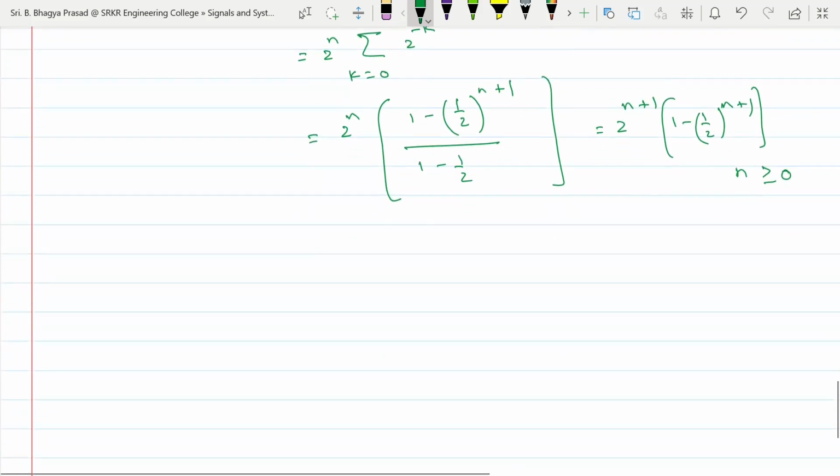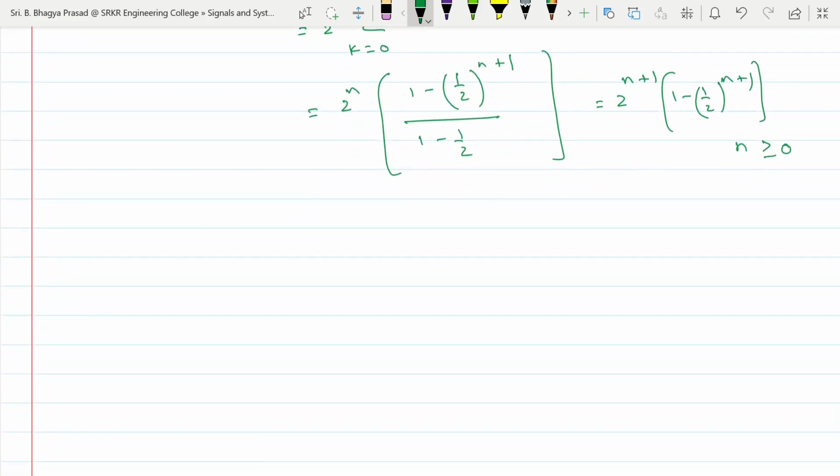So your output, the convolution y of n equal to x of n convolved with h of n, is 0 for n less than 0, and 2 power n plus 1 times 1 minus 1 by 2 power n plus 1 for n greater than or equal to 0.